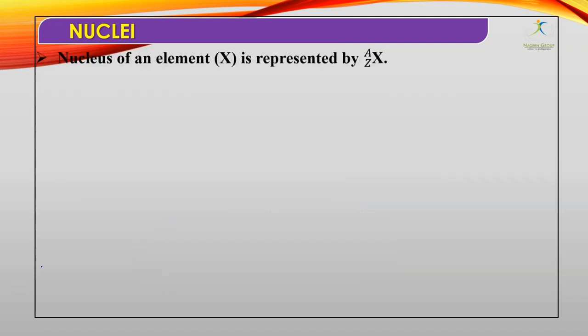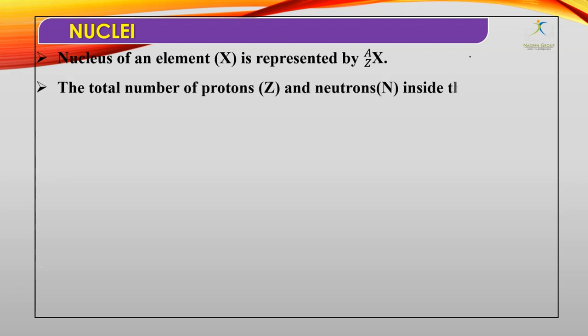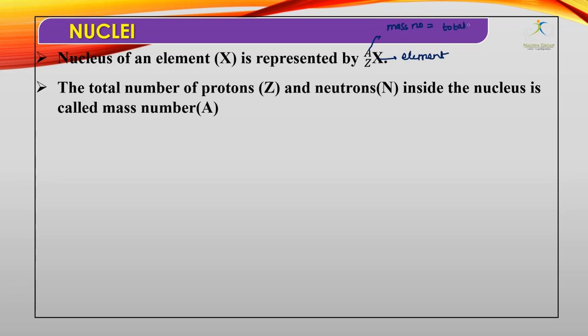A nucleus of an element X is represented by ^A_Z X, where X represents the element, A is the mass number, that means the total number of protons plus the total number of neutrons, and Z is the proton number.